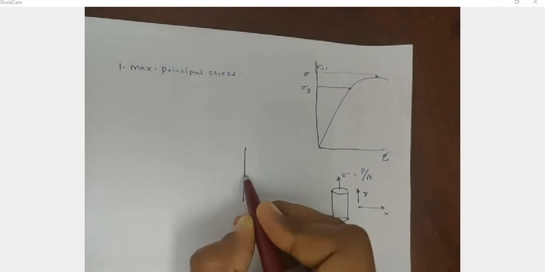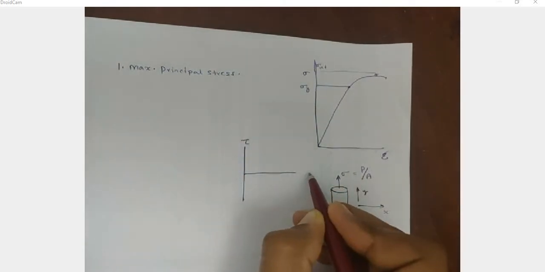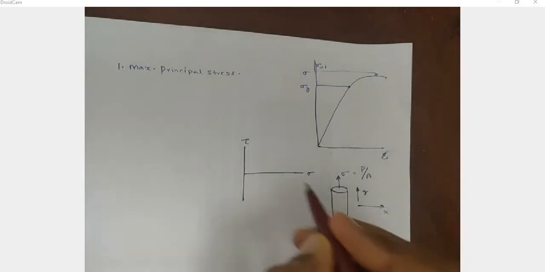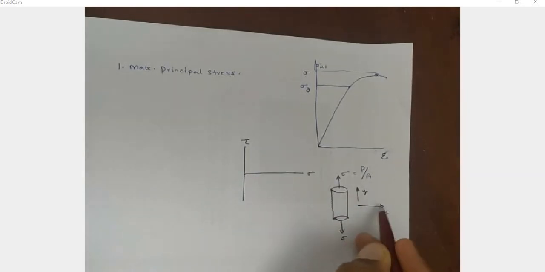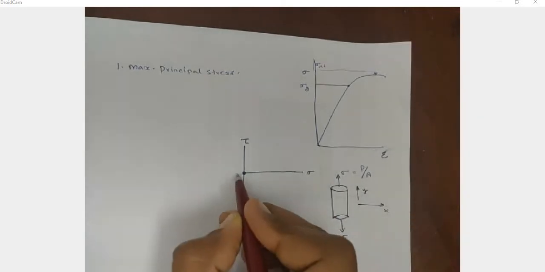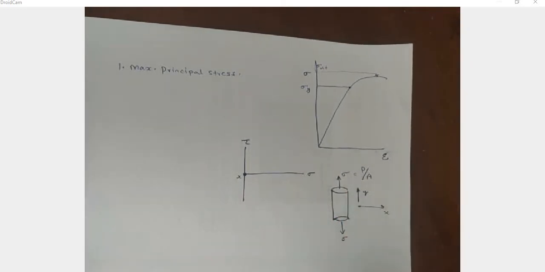In this Mohr circle, this is the shear stress direction and this is the normal stress direction. In x direction there is no stress, so sigma x is equal to 0. This is the first x plane. And in y direction we can see a stress, that is sigma y.